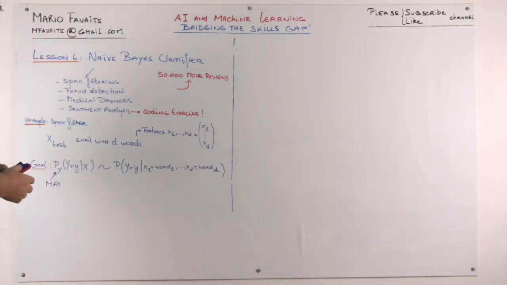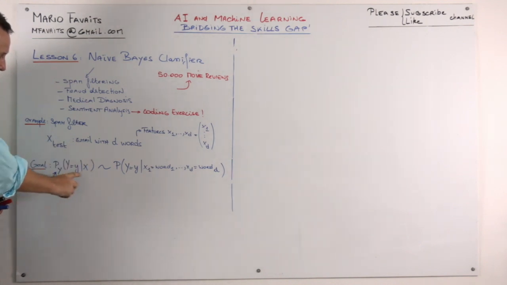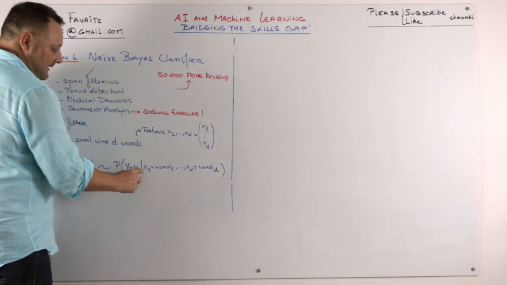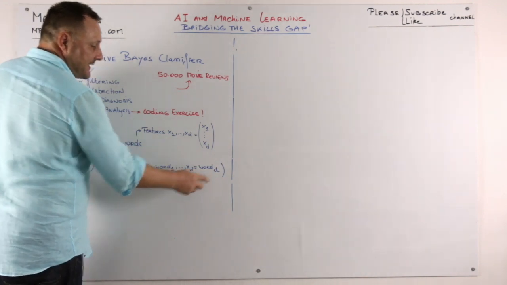Remember, the goal of a classification problem is to predict the label given the features. That's the problem that we need to solve. But given the feature vector X, we can write it as given X1 is word 1 and so on, XD is word D.